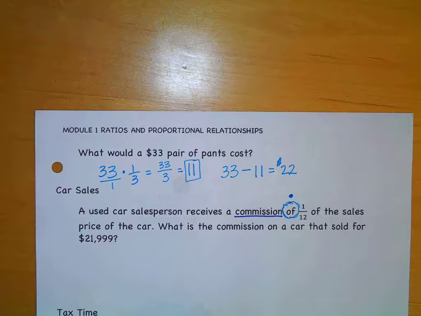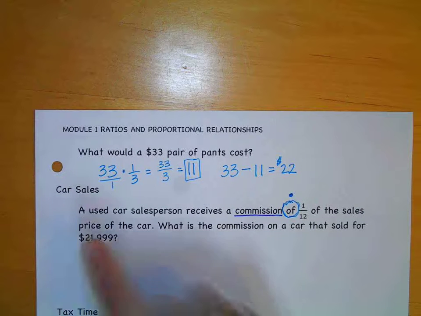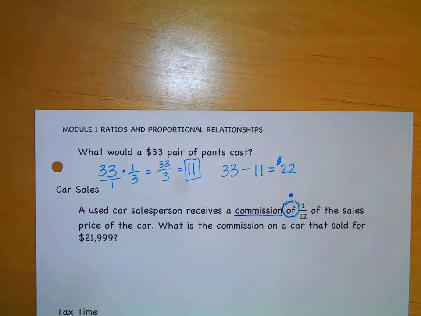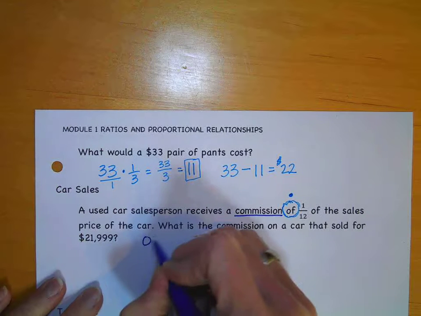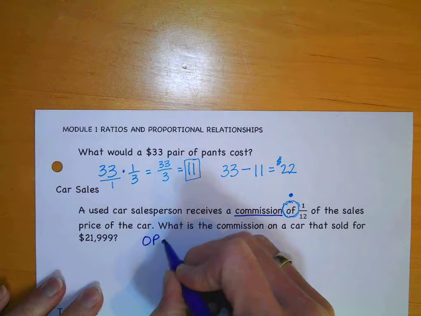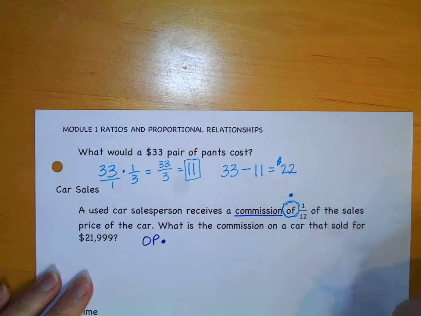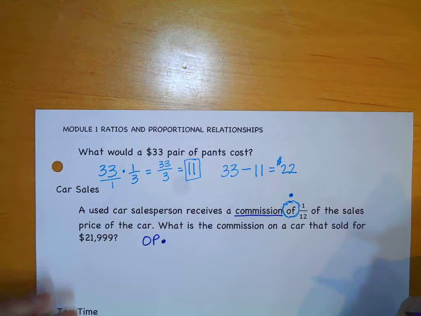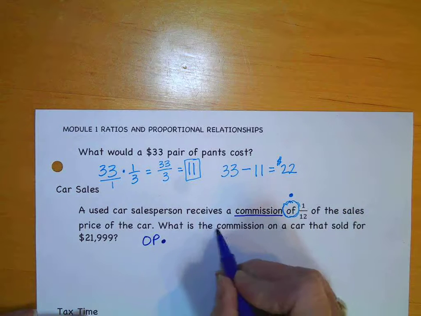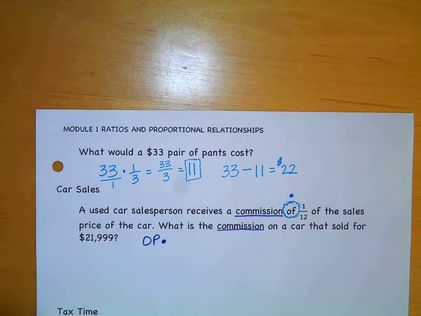$21,999? Well, that's not too bad because all we have to do is take the amount, right? We're going to take the original price times the commission, right? And that is going to tell us what the car salesperson receives because it says, what is the commission?